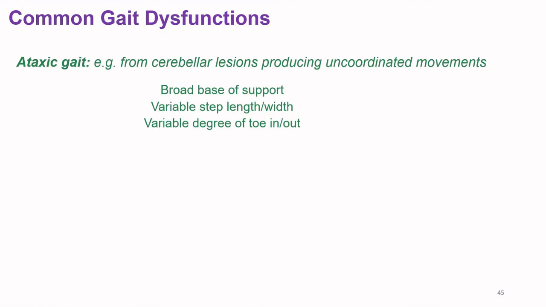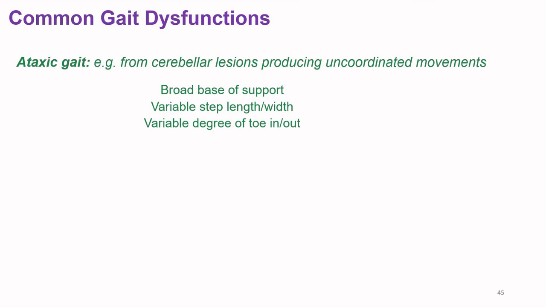The next gait we're going to look at is ataxic, or coordination-impaired, gait. This gait is seen following cerebellar lesions that can produce uncoordinated movements. Ataxic gait is associated with patients using a wider stance so as to increase their biomechanical stability and to counteract the increased variability that's seen in both their arm and trunk movements.